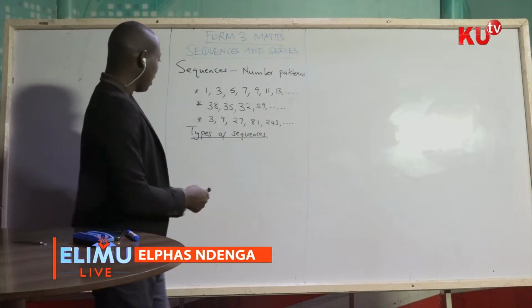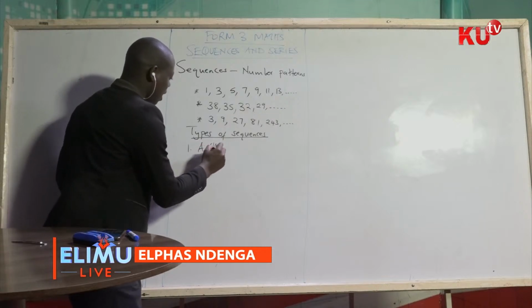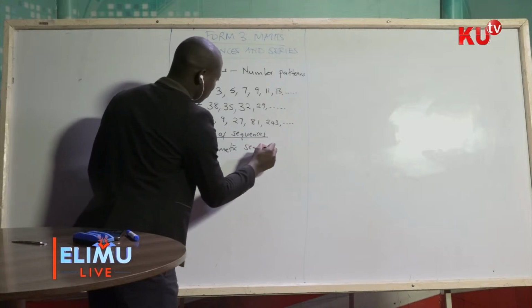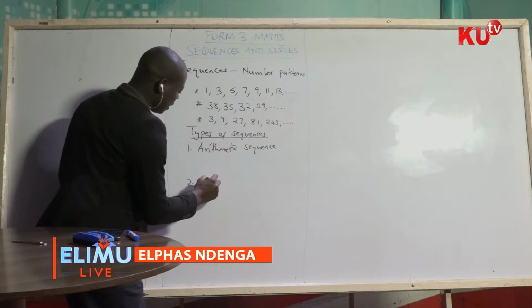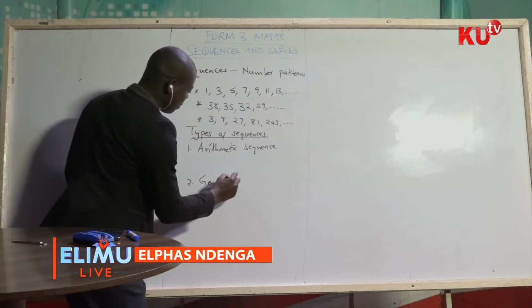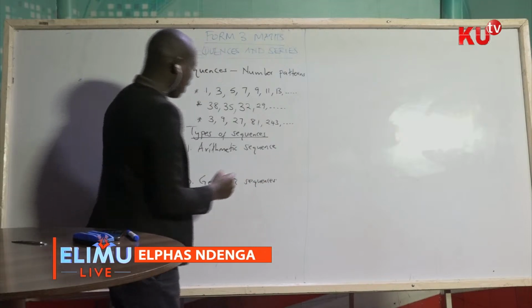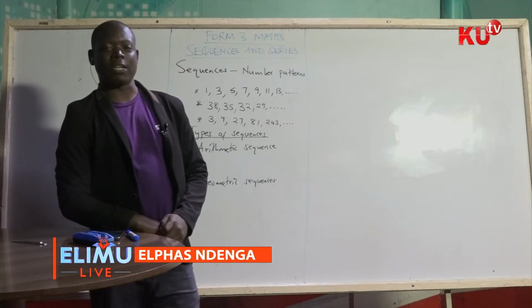Right. The two types of sequences are arithmetic sequence and geometric sequence.